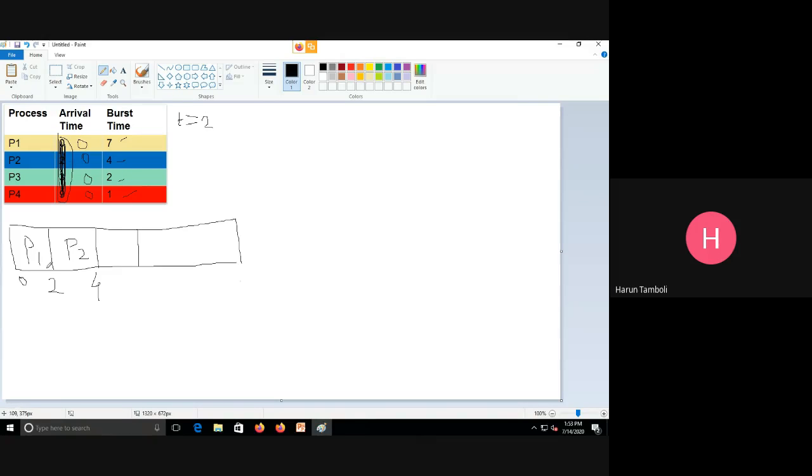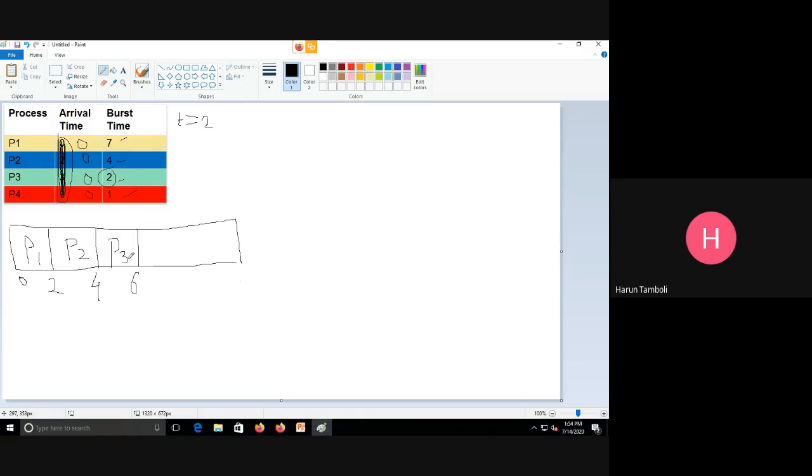Now P1 will first execute for 2 seconds and be removed. Switching will occur. After that P2 executes for 2 seconds and leaves the CPU. After P2, suppose P3 comes for execution, then it gets 2 seconds and in those 2 seconds it is completely executed.